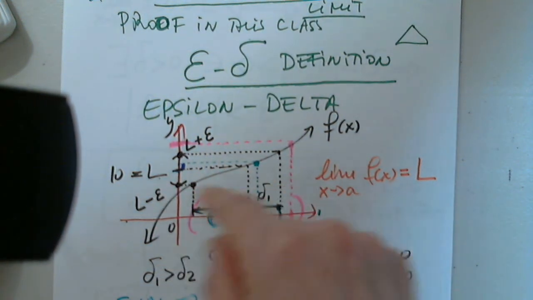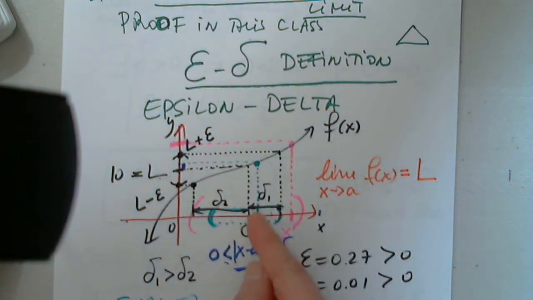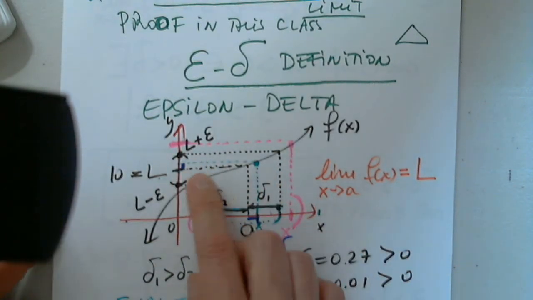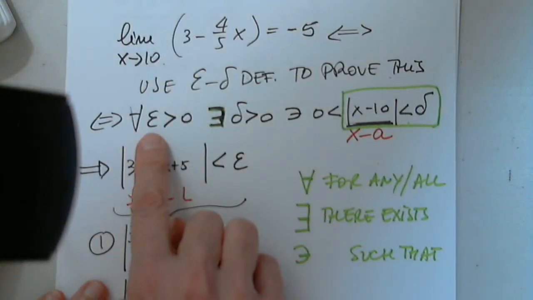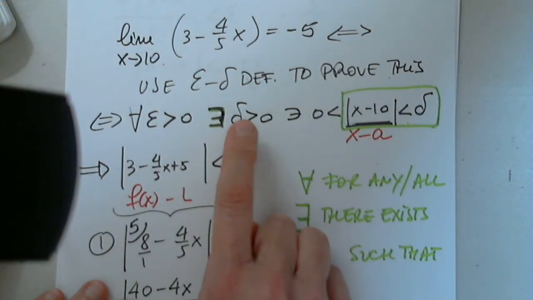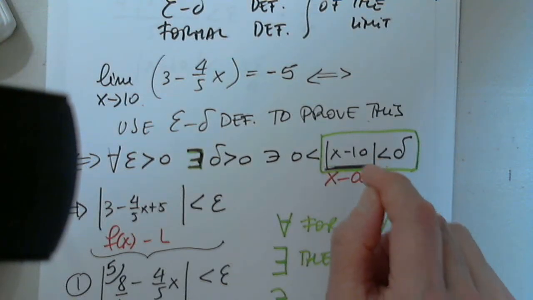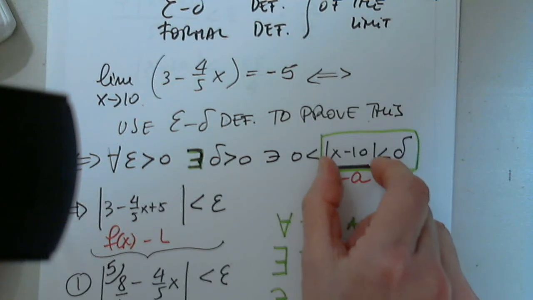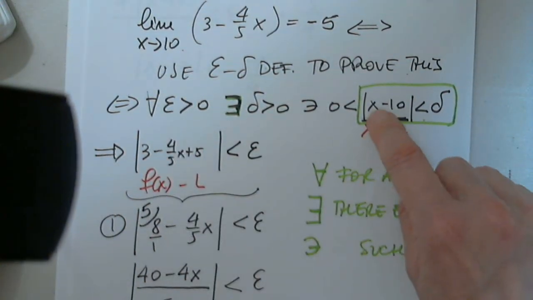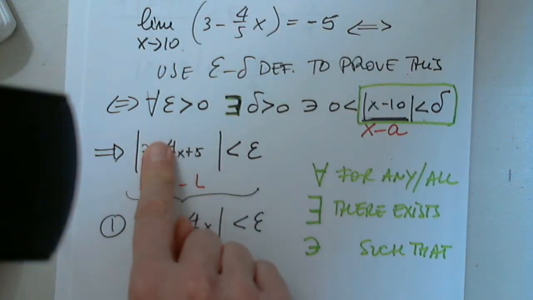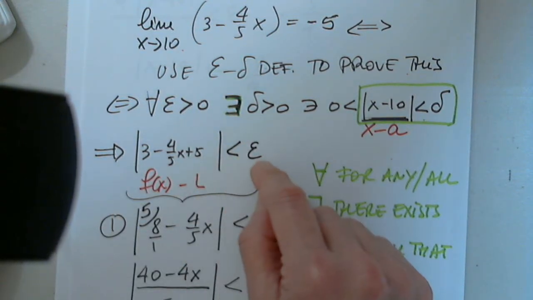Why is this guaranteed? Because the limit exists. For every epsilon, I will find a corresponding delta such that when I pick x close to a, f of x will be close to L. I will find a positive delta such that if I pick an x close to 10, so that the distance between x and 10 is less than delta, this process will guarantee that the distance between the function value and the limit, which is -5, presented as an absolute value, is less than epsilon.